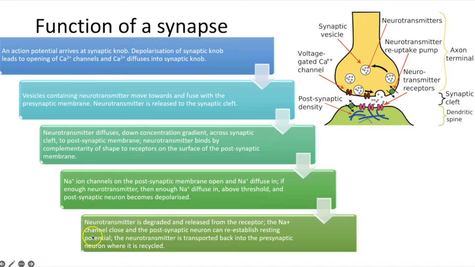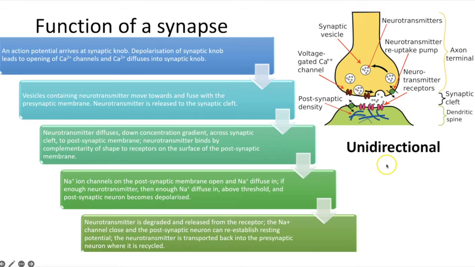That causes the sodium ion channels to close, and that is how you then don't get any more action potentials being generated. And that broken down or degraded neurotransmitter can be recycled and returned back to the presynaptic neuron to then regenerate those neurotransmitters to be reused again.